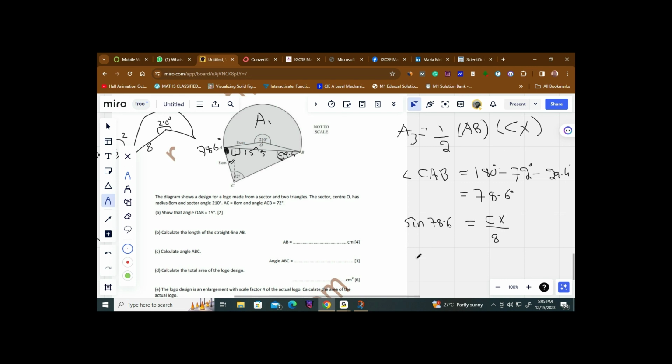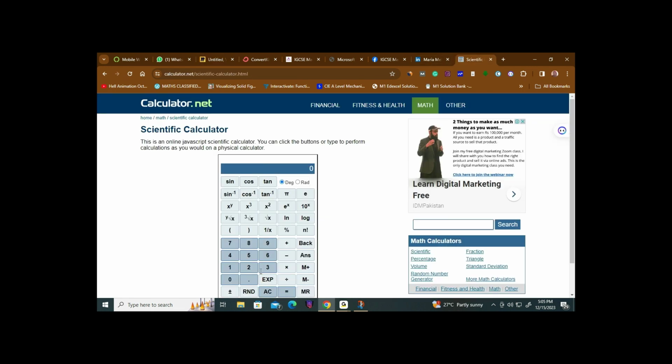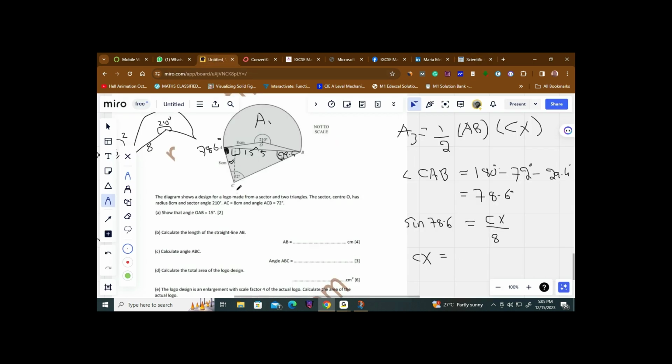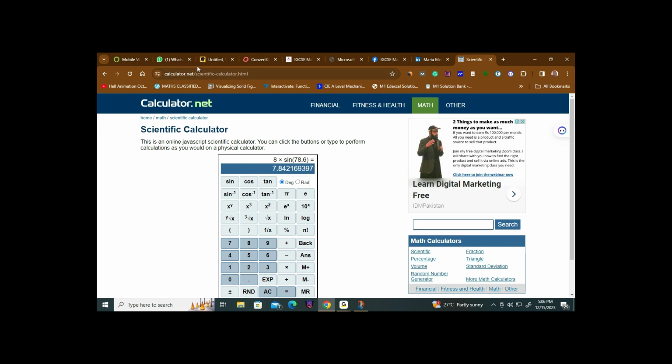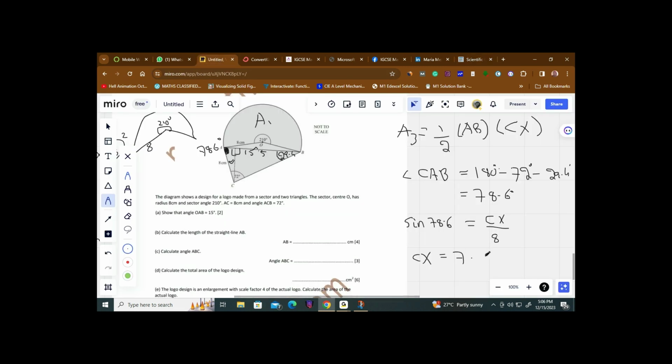CX is 8 times sine 78.6, which is 7.84. So this dotted line length is 7.84. Done. Now the height is known to us.